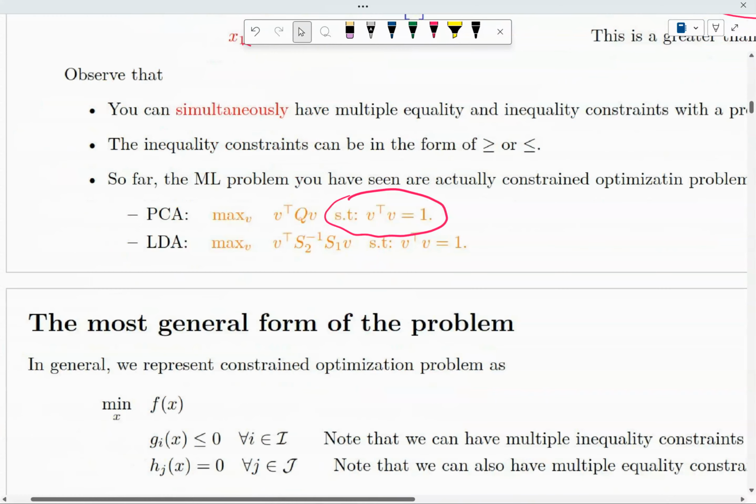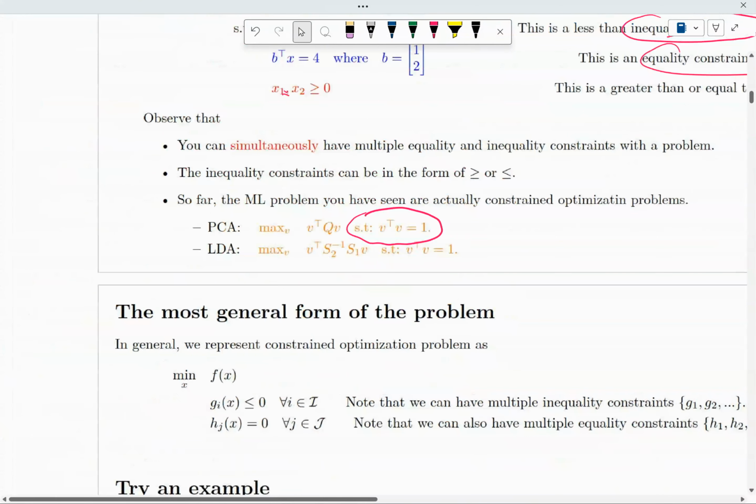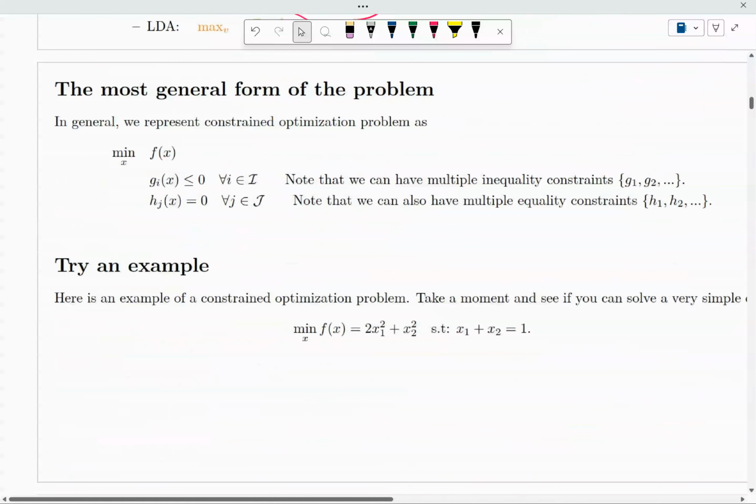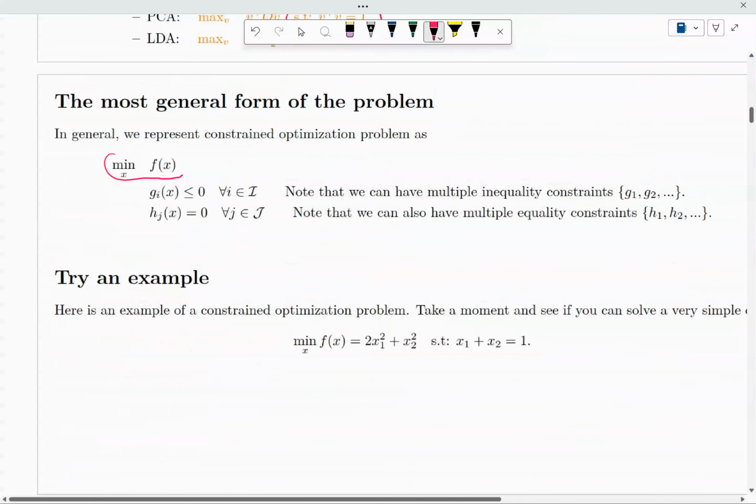The most general form of the constraint problem looks like this. You're trying to find the x that minimizes this function f of x, subject to a bunch of inequality constraints. The inequality constraints we tend to represent as G: G1, G2, G3. You can have multiple of them.